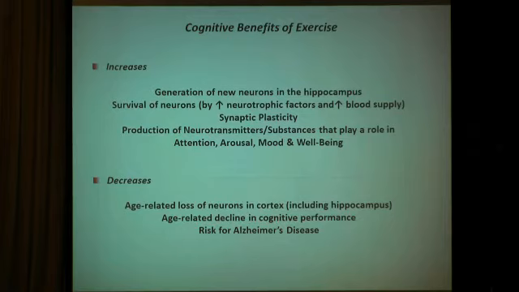What did I say? Changes in the hippocampus in its volume are correlated with the changes that take place cognitively. Exercise is one of the only things that's been shown to reverse that or to stop it. Risk for Alzheimer's disease. So, all in all, this is a pretty good message today, I hope.